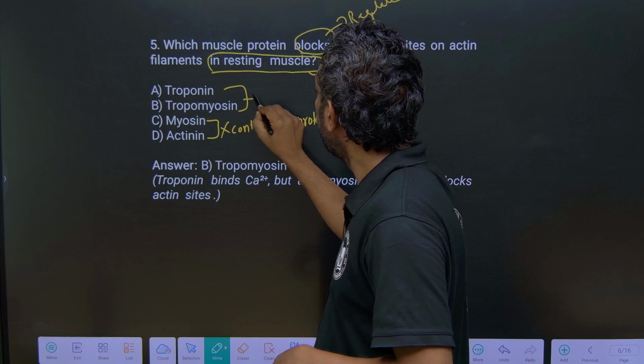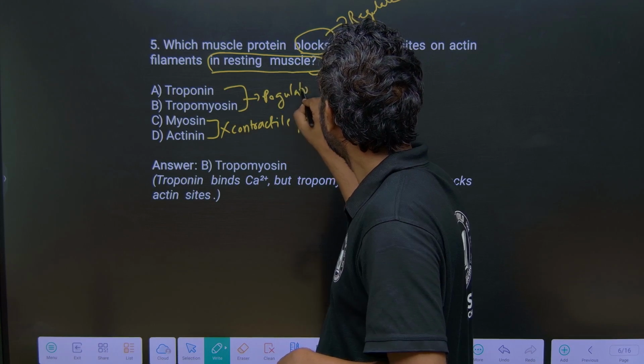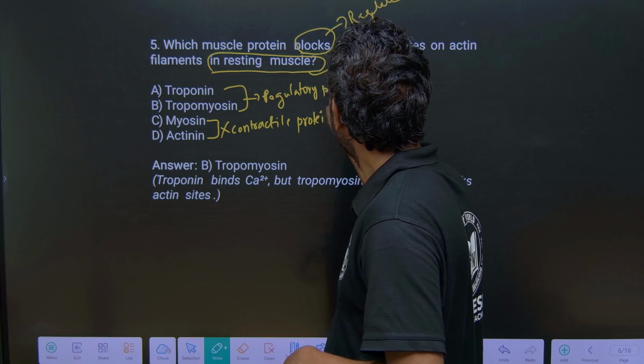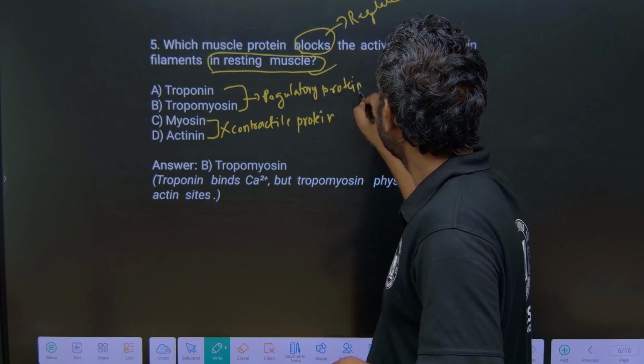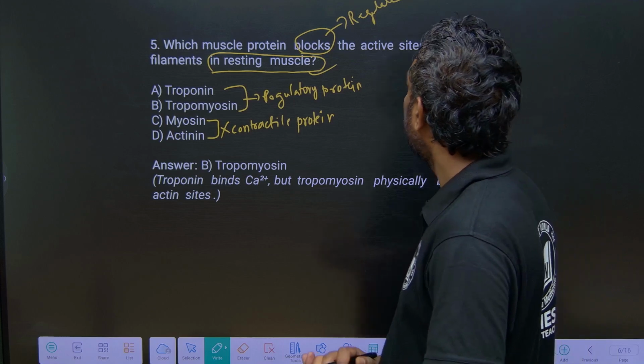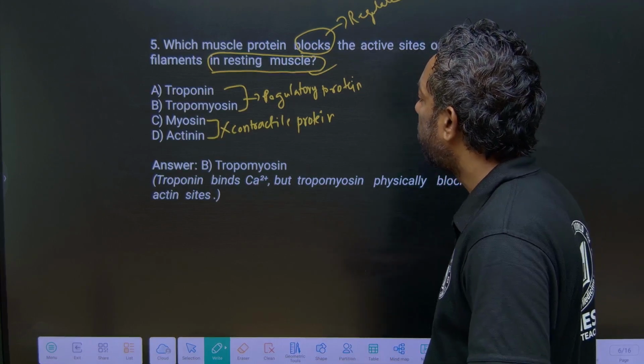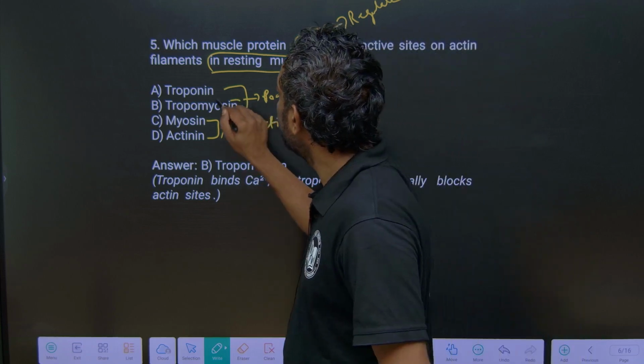These are the regulatory proteins, so either A or B is the answer. In the resting muscle active site, troponin and tropomyosin is the right answer.